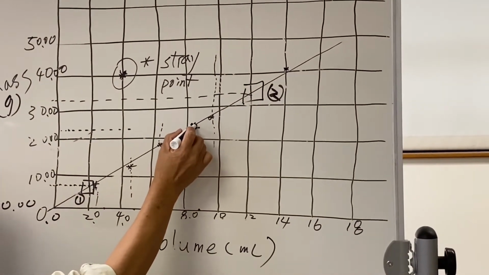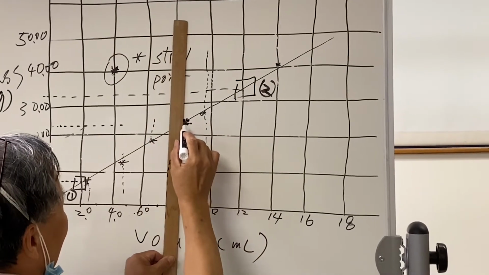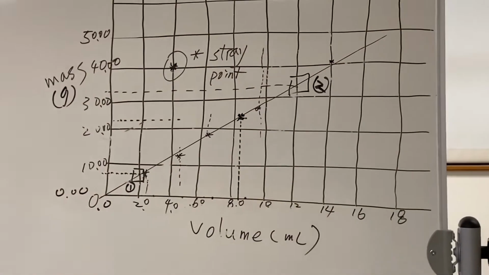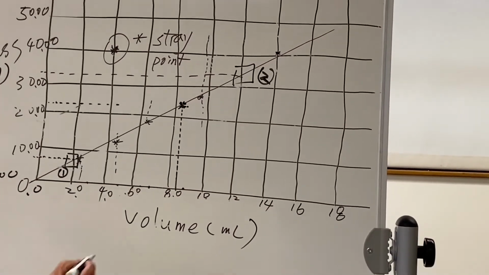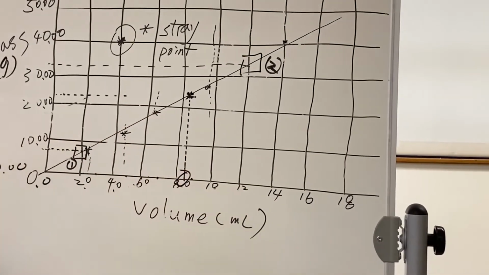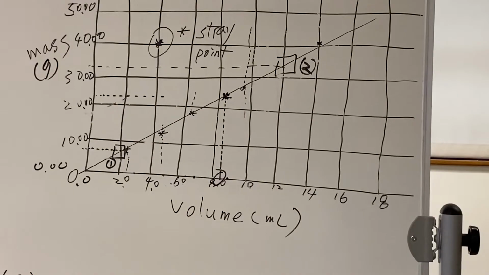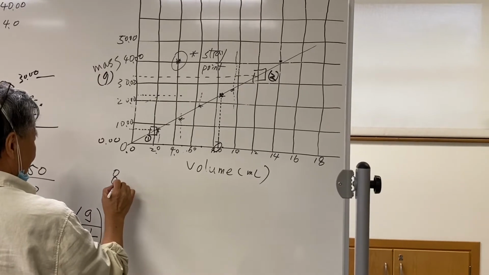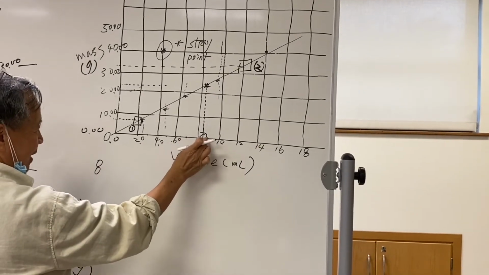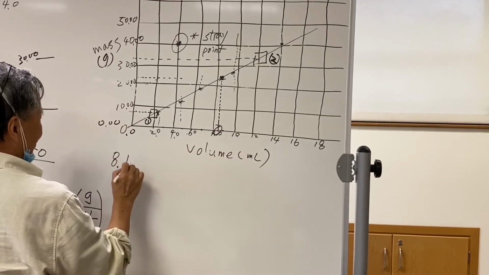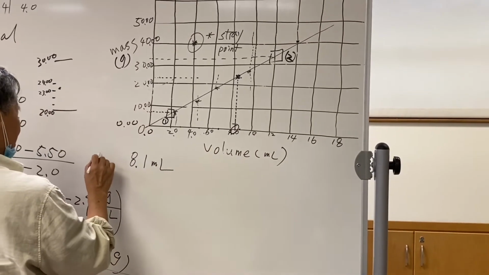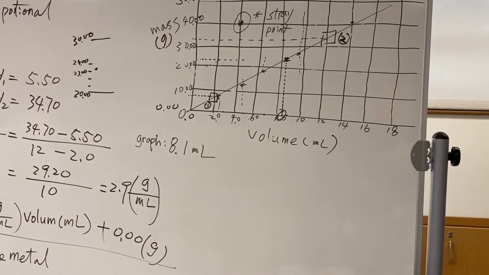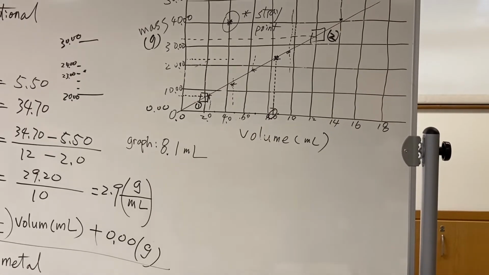From this meeting point, draw a perpendicular line. So now you find, according to my little thing, here says 8. It's between 8.0 and 8.2. So I say 8.1 milliliter. This is by graph. So that is a visualized piece of data.